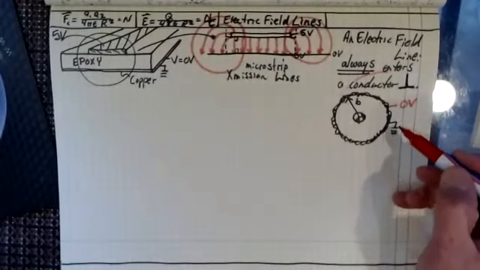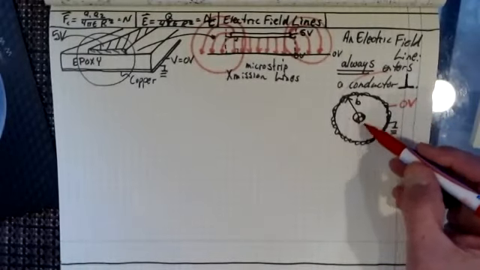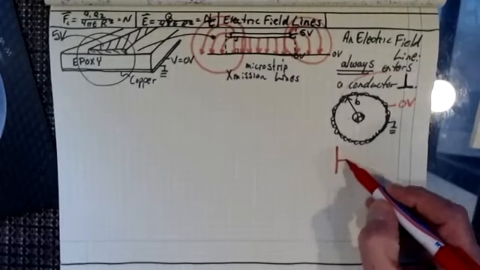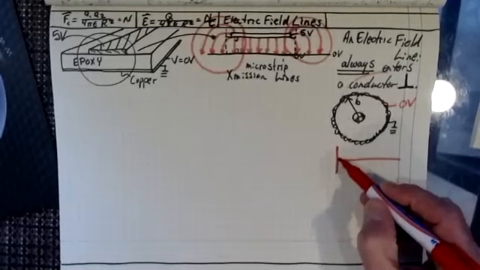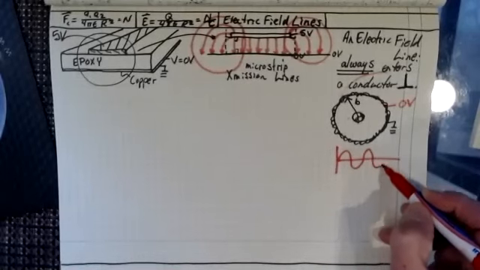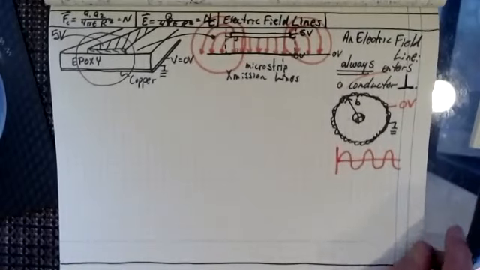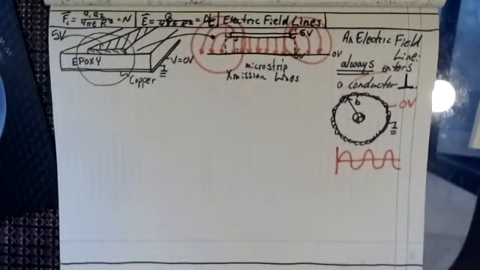Now, over here, I've got 0 volts on the outside, and what I've got on the inside signal wire is a waveform that is varying, and it's varying at radio frequency. When I say radio frequency, I'm talking about anywhere from 100 kilohertz.